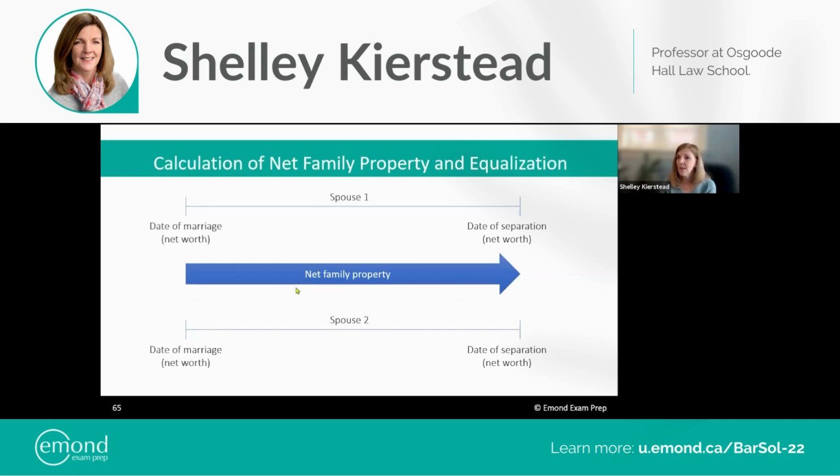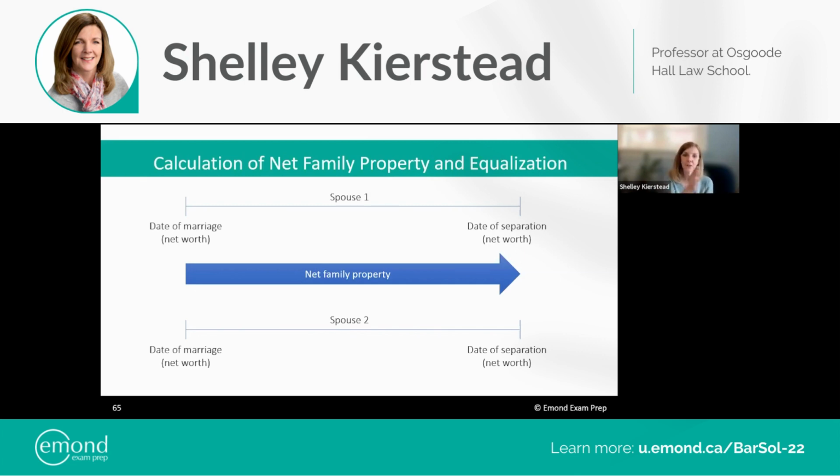So here's kind of a pictorial illustration of how we're going through this calculation process. So what we're trying to figure out, we're going to do a calculation of the party's net worth at the date of marriage, because if they still have that at the date of separation, we're going to back some of that out.